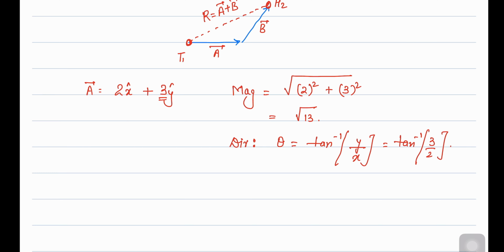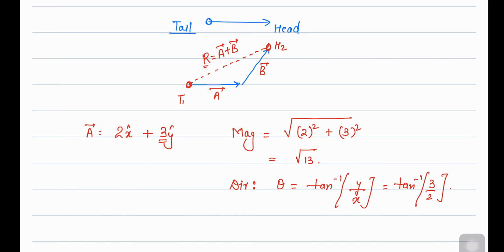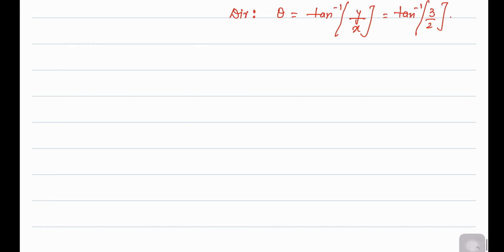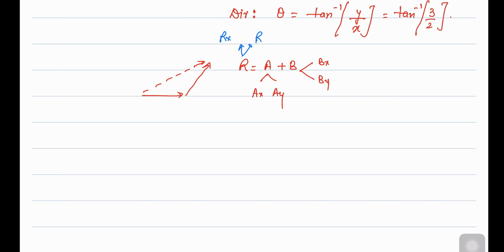Clear? Okay. As we learn about R, we learn about three vectors. I told you R is equal to A plus B. A also has two components, Ax and Ay. B also has two components, Bx and By. So R also has Rx, Ry.